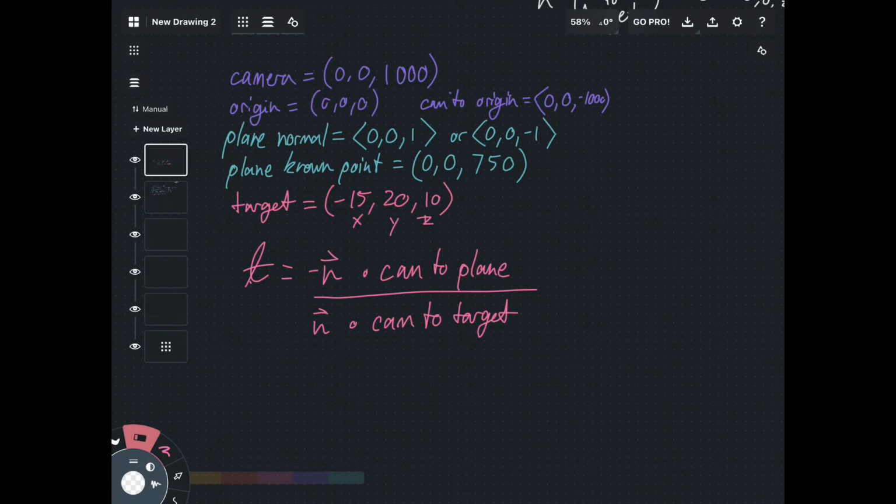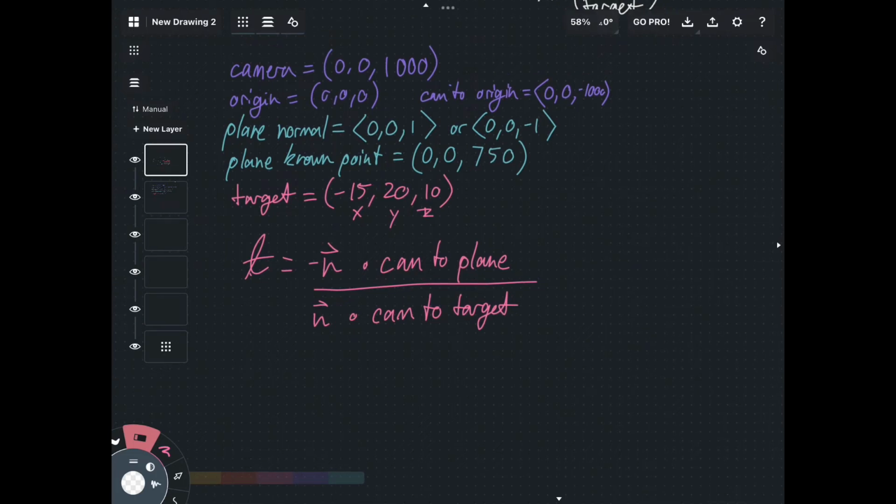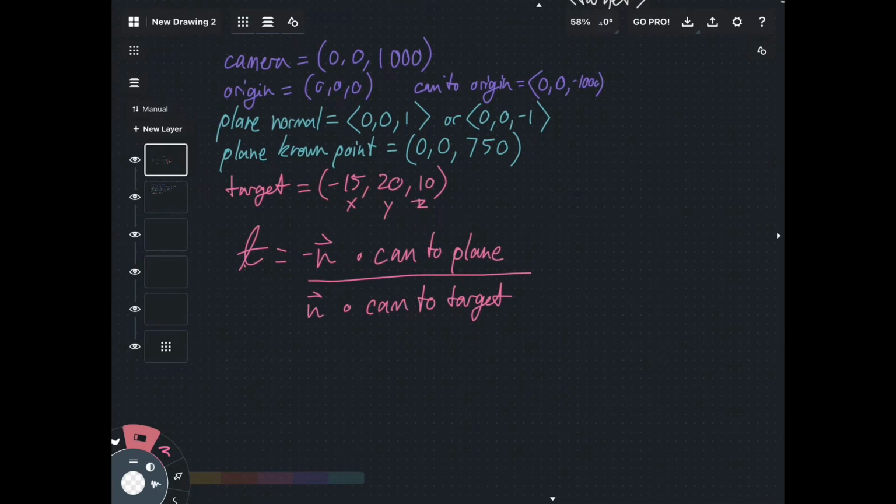The origin's at 0, 0, 0, which makes sense. The camera to origin vector is 0, 0, negative 1,000, which makes sense. And then our plane normal, which is defined from our camera to origin, is 0, 0, 1. Because technically it is 0, 0, 1,000, but it's a unit vector. The problem works either way.